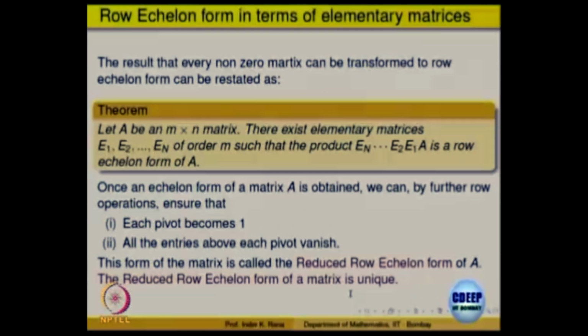Once you have done this normalizing, that means every pivot is made 1 and every other entry in that column is made 0, one can prove a theorem that the reduced row echelon form of a matrix is unique. There is only one possibility, right. Unique meaning what? Entries are the same, whichever way you do it, it doesn't matter.